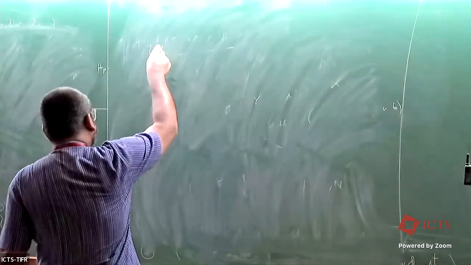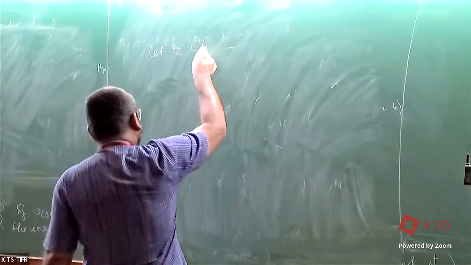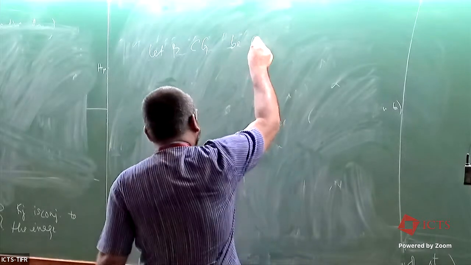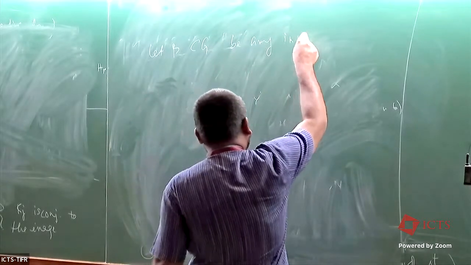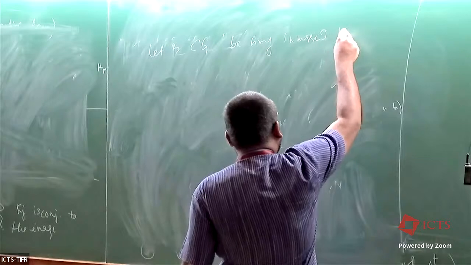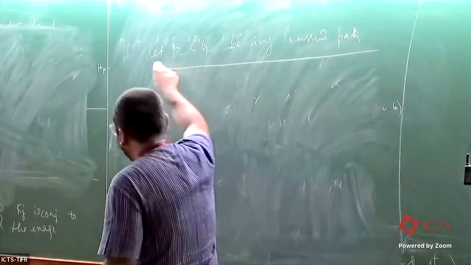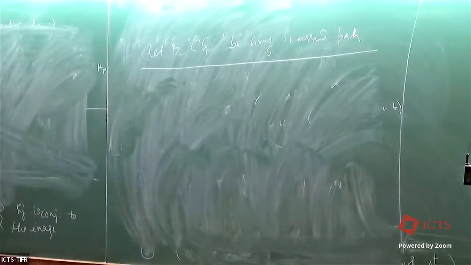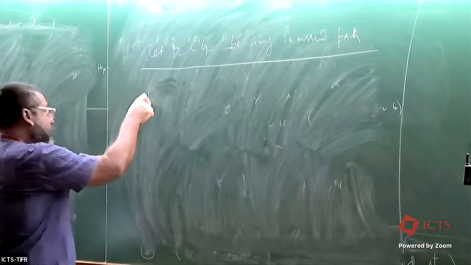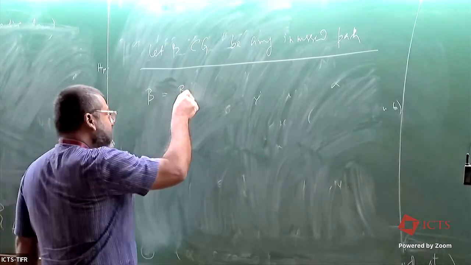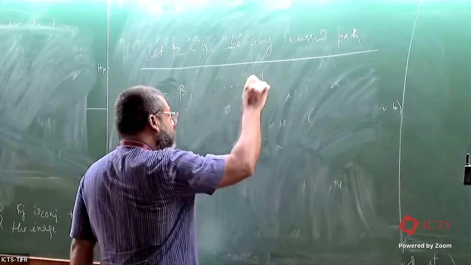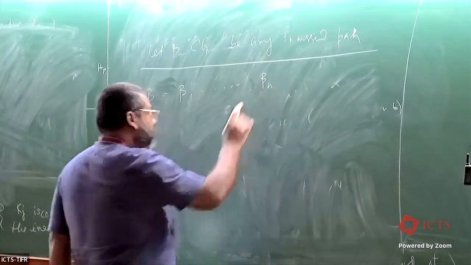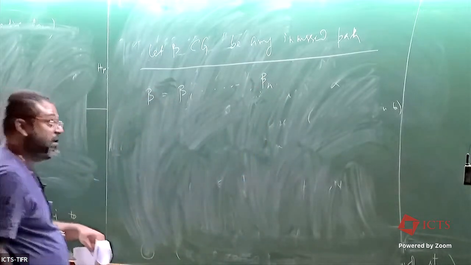Let beta be any immersed path. You take any immersed path, and you decompose beta in this formula. These are all finite segments.